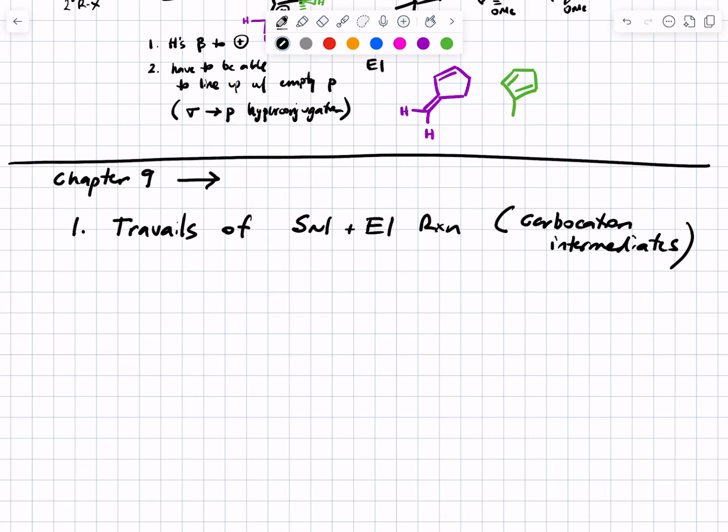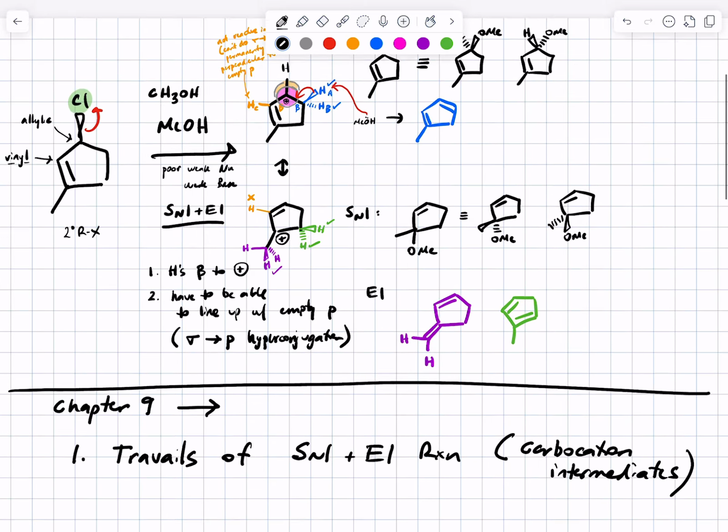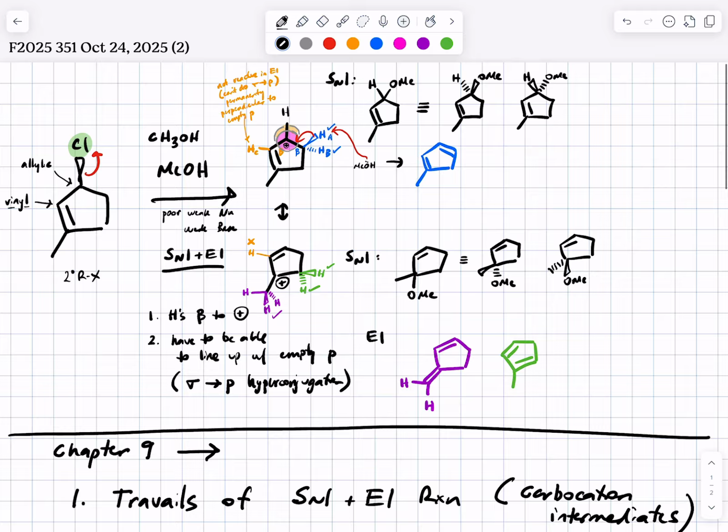The first one is obvious, and that is just to look at that example we just did. 1 starting material, 7 products. Now, when you take the organic chemistry lab 353, you're going to be doing reactions which lead to hopefully just 1 product, or maybe 1 or 2, and you have to separate them from each other.